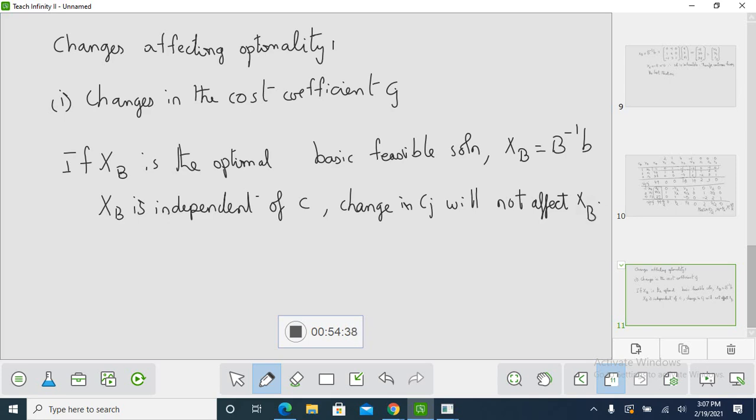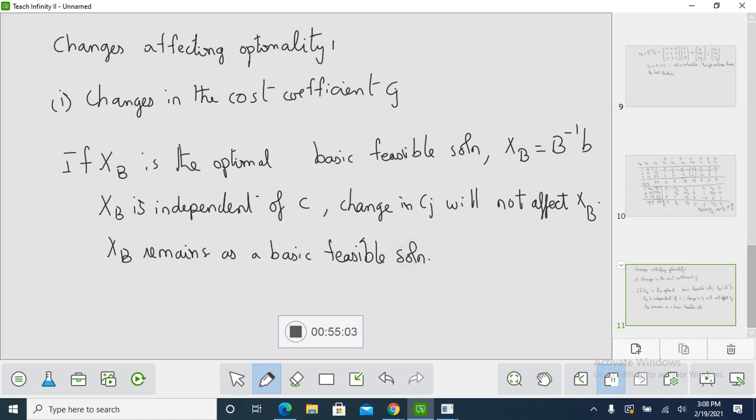So XB remains as a basic feasible solution. So in this case, you won't have any trouble. Only if it's a non-basic variable, now we have to discuss.